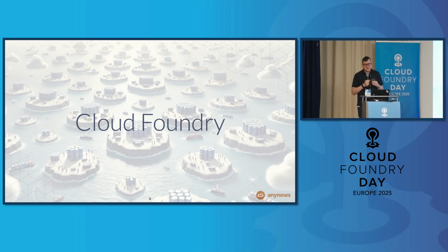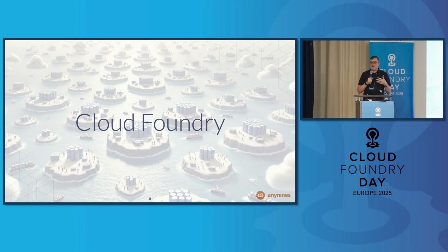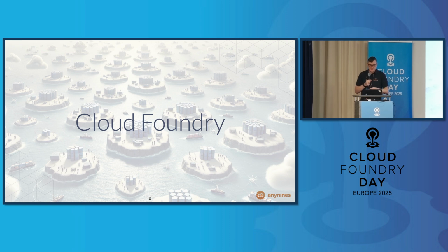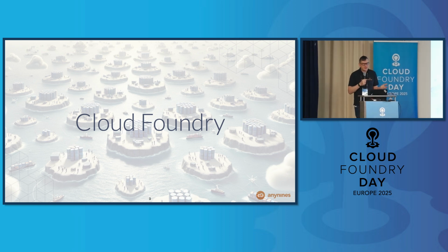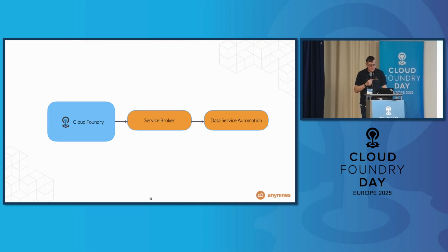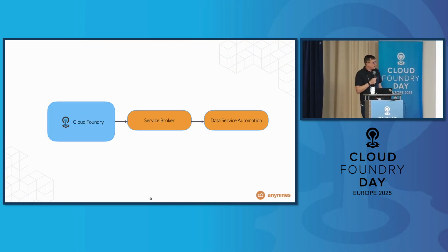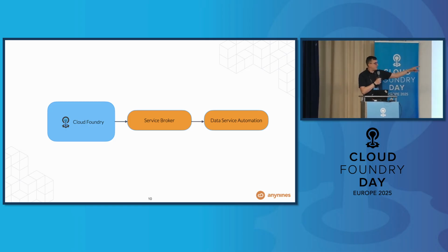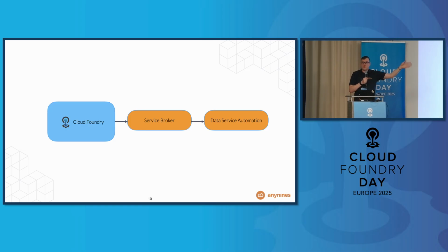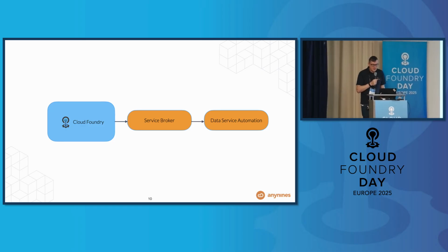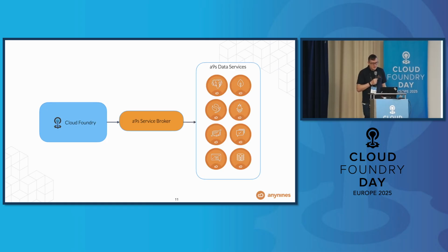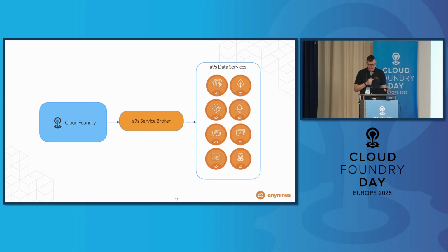And for that reason, the question is, how do you run Cloud Foundry in a graceful manner alongside your Kubernetes clusters that very likely become more numerous over time in your organization? In a lot of these environments we've been working with, there was a Cloud Foundry, a couple of service brokers and data services, or its automation. In our case, BOSH-based anynines data services. It could be any automation, it doesn't really matter which one it is.